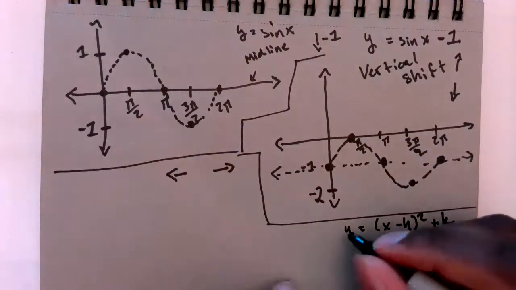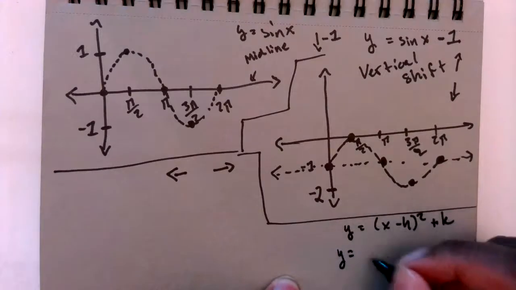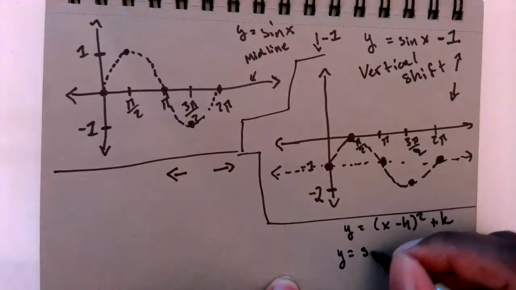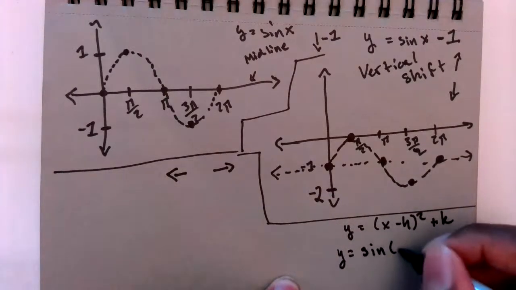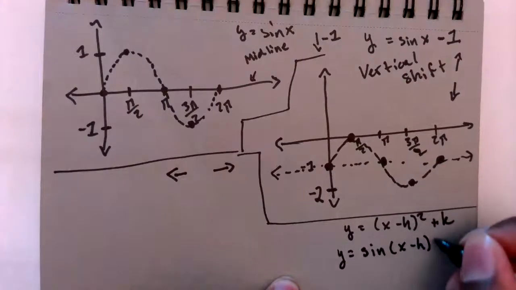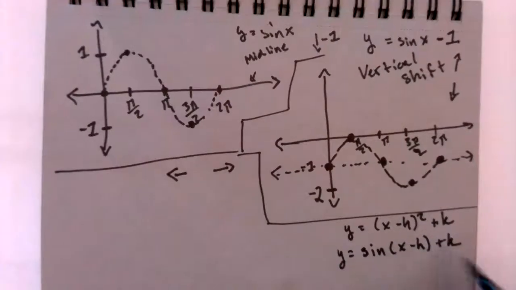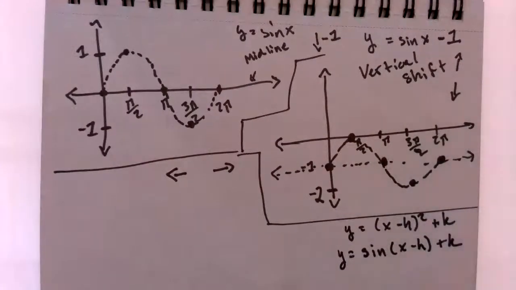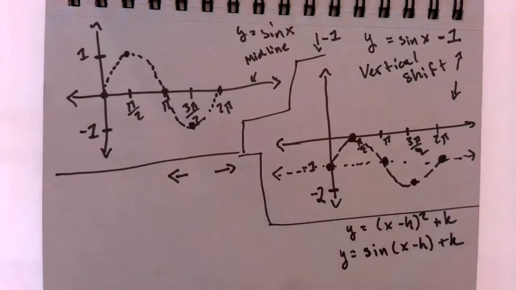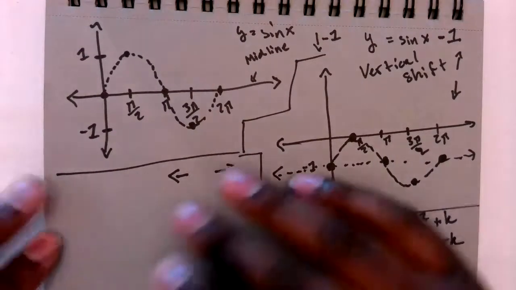Think about it like y equals sine of x minus h plus k. Remember, h is my left to right shifts, k is my up and down shifts. All right, so let's do it. Let's say I wanted to shift everything to the right by pi over 2.